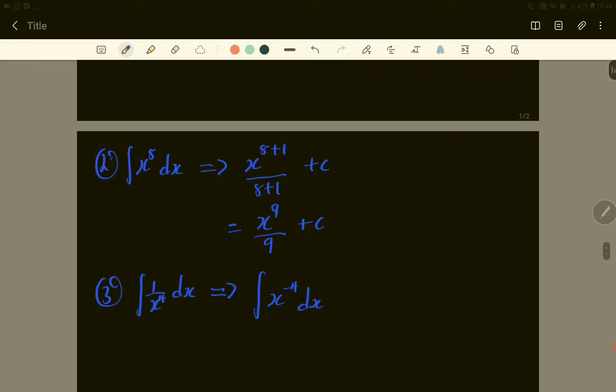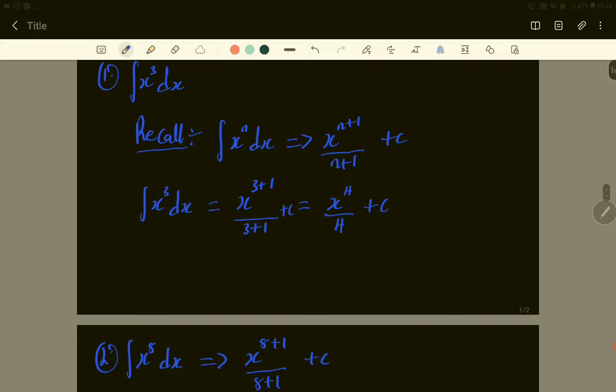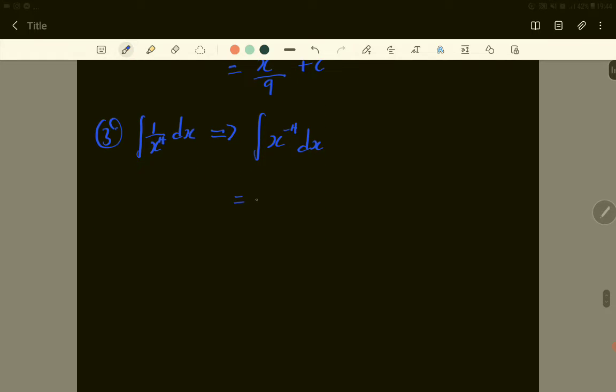And again, I can still apply this rule here. Integral of x to the power of n dx is equal to x to the power of n plus 1 divided by n plus 1 plus c. So I'm going to have x to the power of minus 4 plus 1 divided by minus 4 plus 1. And of course, this is going to give me x to the power of minus 3 divided by minus 3 plus c.